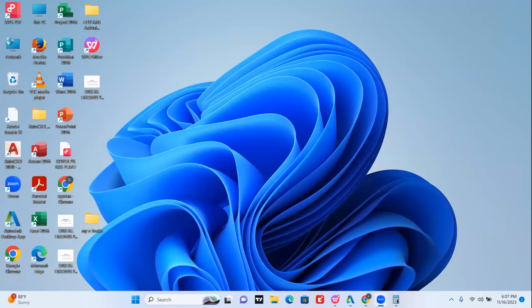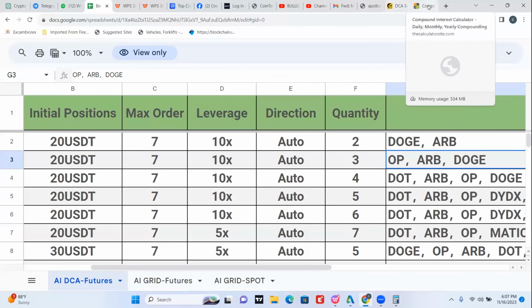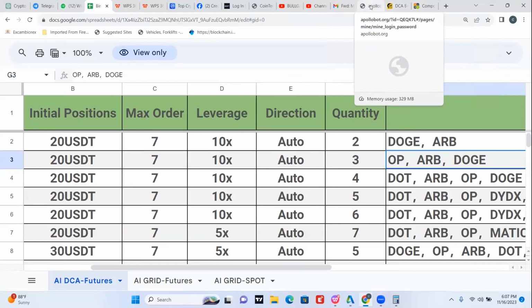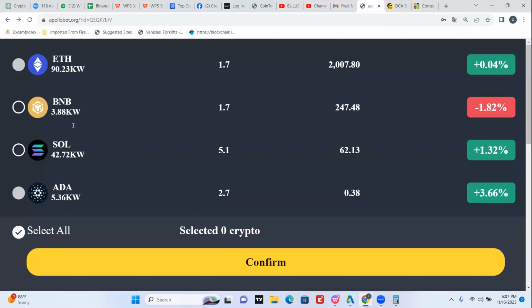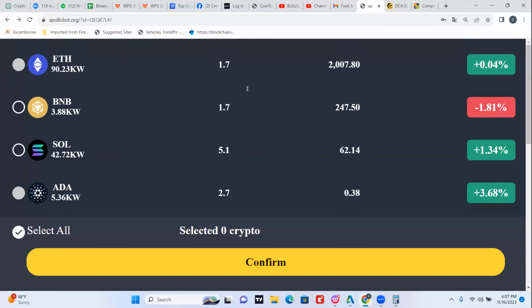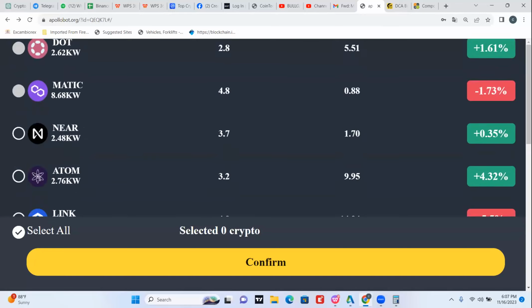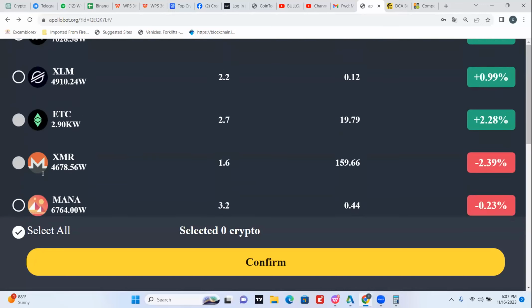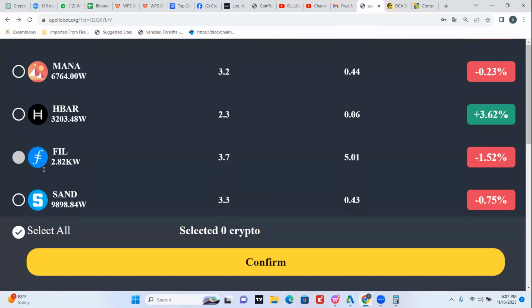Okay. All right. So we come back to the ApolloBot. So we set up according to the table. So for a $200 account, you pick on Doge, ARB, and the OP.